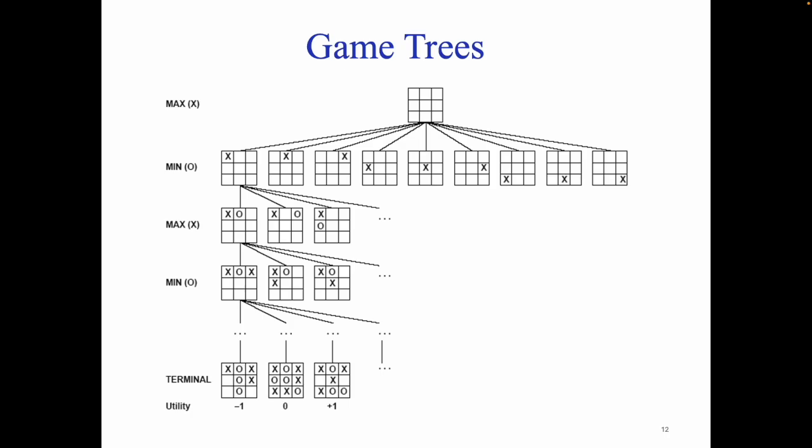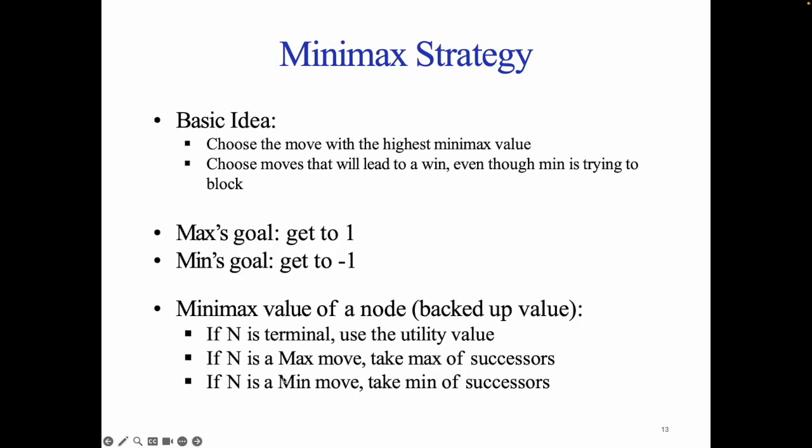So for example, here, if we have this, then we say X wins, right? Looking at these 3 states, in this one clearly O wins, in this one X wins because we have X in the diagonal, and here, no one wins, so that's 0.